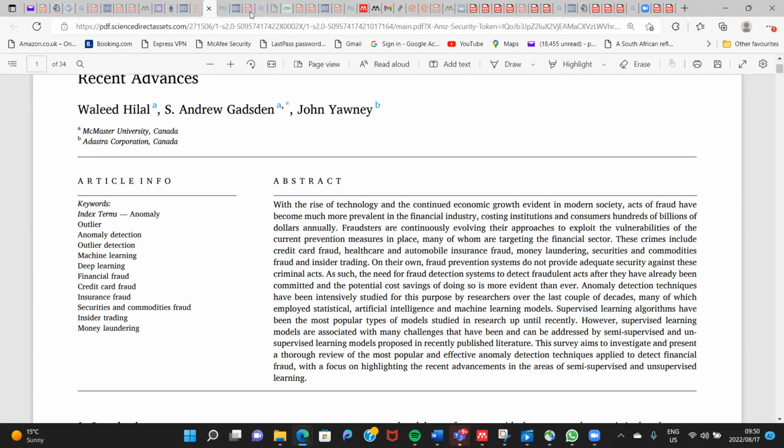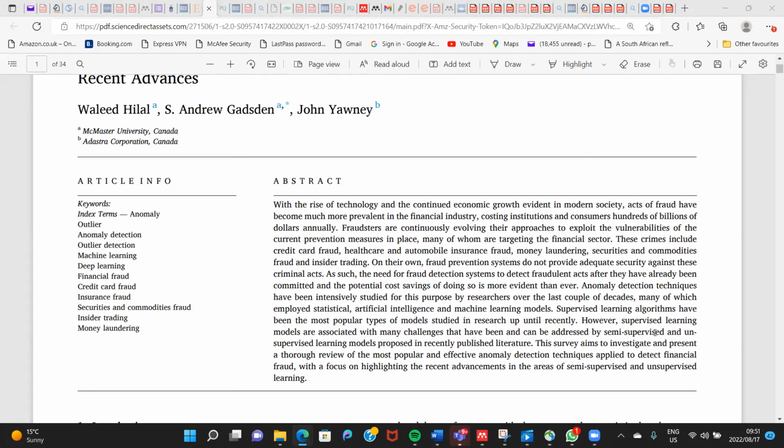All these things on their own, fraud prevention does not and so on. As such, there is a need for fraud detection systems to detect a fraudulent act after it has already been committed. Anomaly detection techniques have been extensively studied for this purpose by researchers of the past decade, many of which employ statistical and artificial intelligence methods. Given the justification of the study, we don't need it in an abstract.